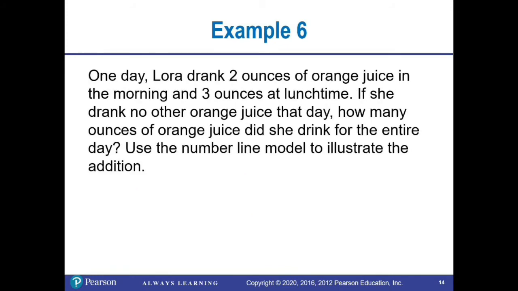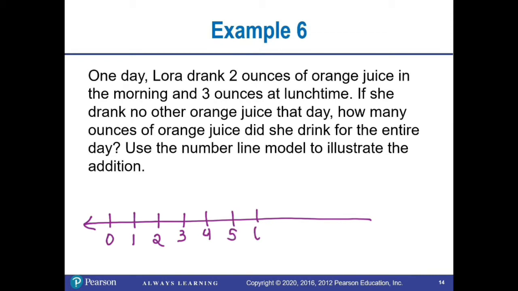One day, Laura drank 2 ounces of orange juice in the morning and 3 at lunchtime, and no more orange juice throughout the day. So how many ounces of orange juice did she drink for that day? Again, we're going to use the number line model. Draw your number line and number from 0 to 10. Our first measure is 2 ounces.